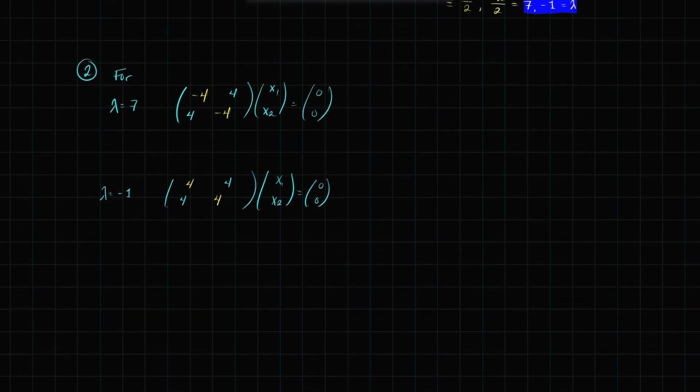At this stage, if I compute the matrix vector product, I have the system negative 4x1 plus 4x2 equals 0, along with 4x1 minus 4x2 equals 0. This system immediately gives me that x1 is equal to x2, and a redundant term on the bottom as well. So my eigenvector x1, x2, under the relationship x1 is x2, just becomes x1, x1.